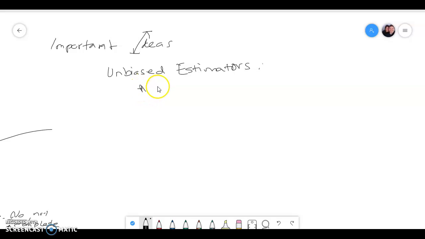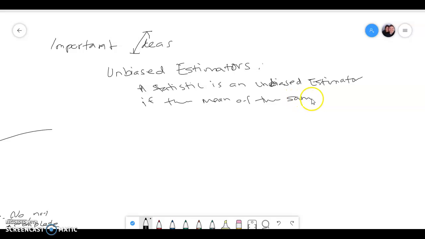So a statistic is an unbiased estimator if the mean of the sampling distribution is equal to that of the true parameter.